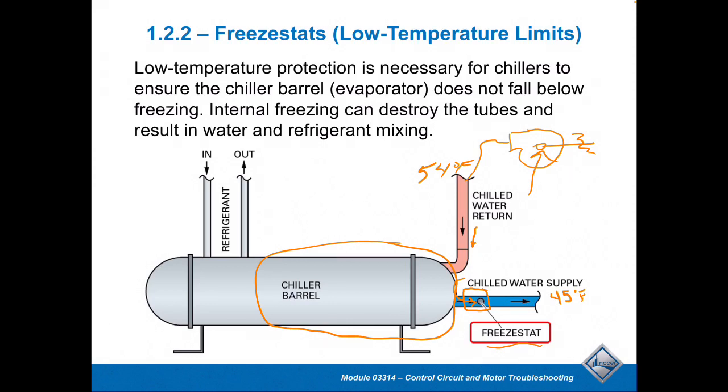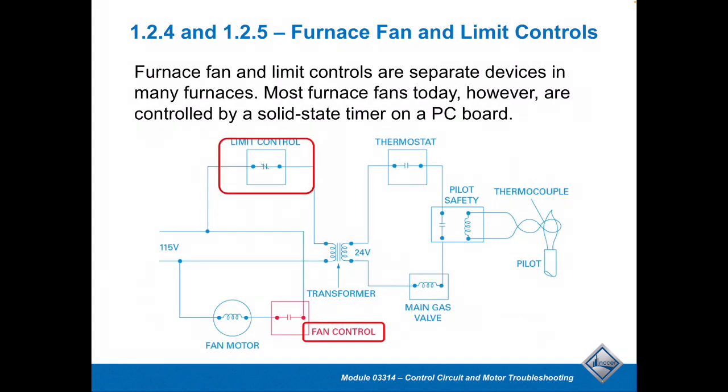So again, not difficult, but that's normally a very important device. Typically, freeze thermostats and freeze safeties really need to be checked and verified on a regular basis to make sure they are functioning correctly, or you can really have some damage to a system. So that's kind of the one way.